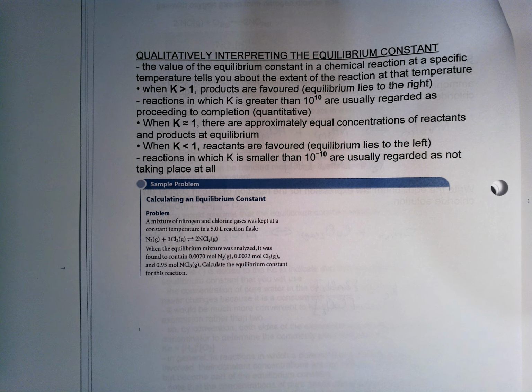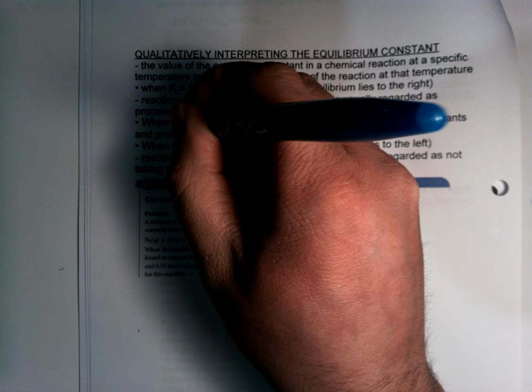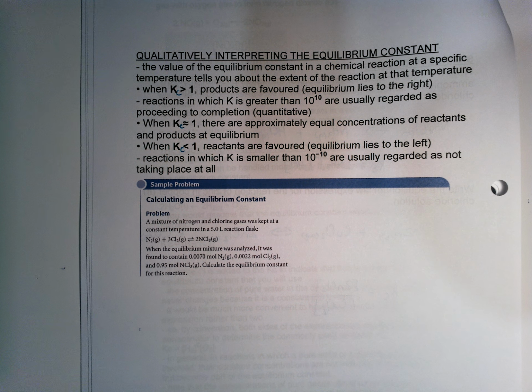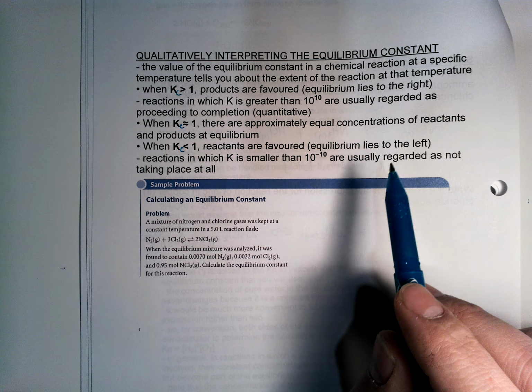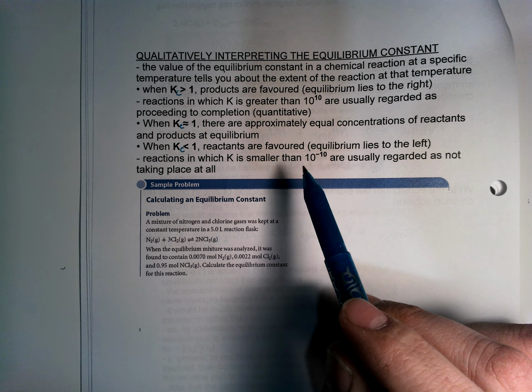It just says K, but it should be Kc for all of these. If our Kc is greater than 1, then the products are favored. That means the equilibrium lies to the right, producing more products than reactants left over.